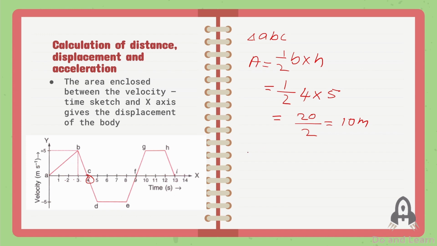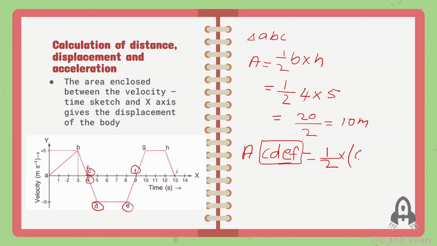Next, consider the area of trapezium CDEF. That is equal to, as I told you the formula, half multiply sum of parallel sides. What are the parallel sides? DE and CF are parallel sides.